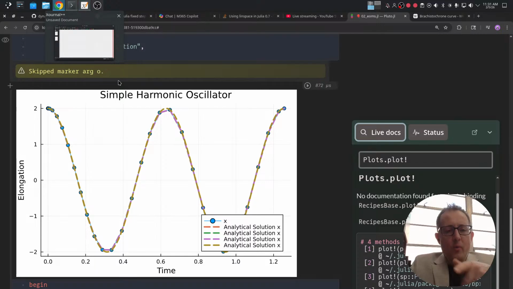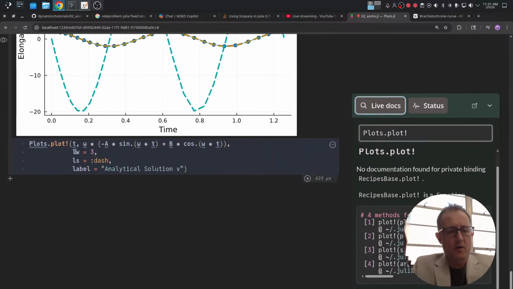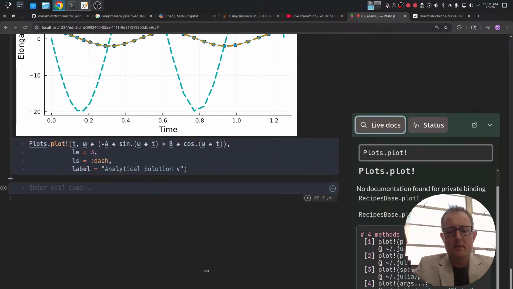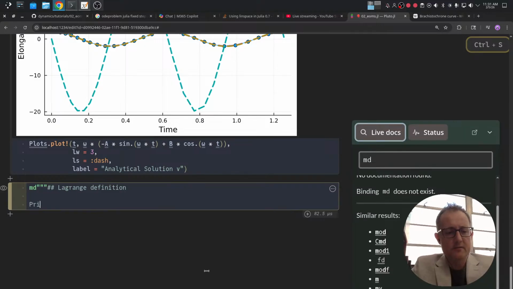So now, one of the things that is a little different about the Lagrange, so here, let's say MD, Lagrange definition. It's a principle of least action, right?